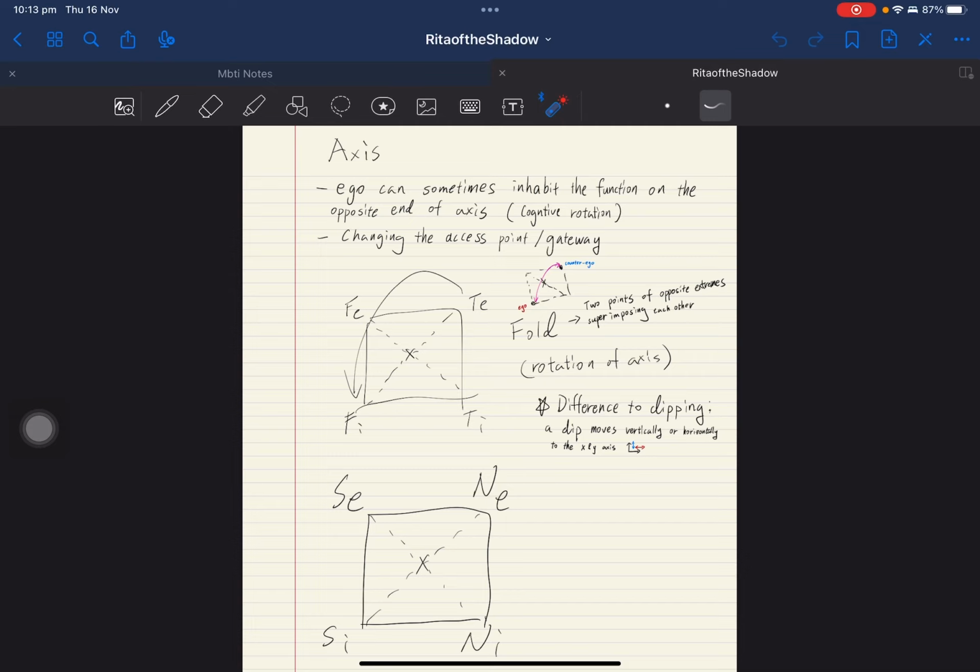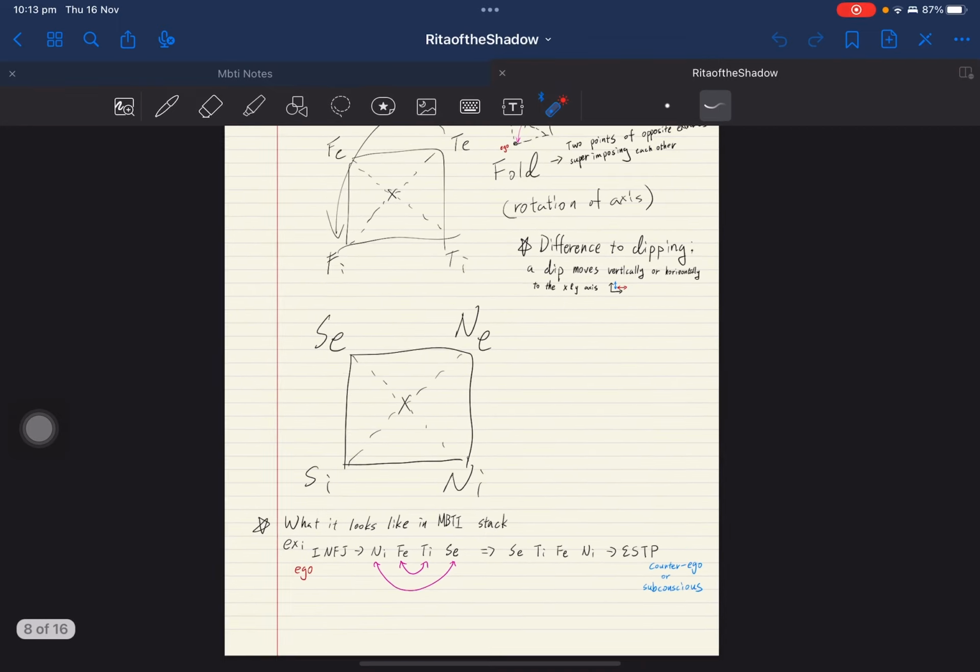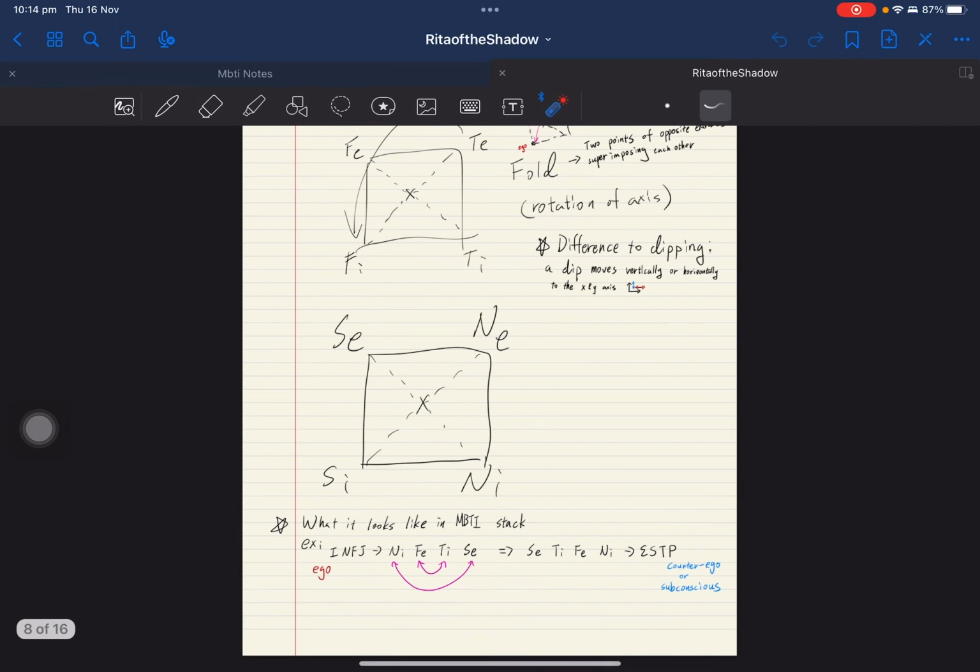And sometimes, depending on the situation, you might have to change how you think. And in the most dramatic circumstances, you may have to completely change how you think. That is when your functions rotate on their axis like this, and then you become a totally different type essentially.